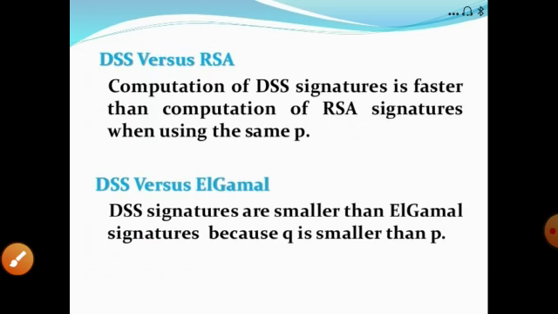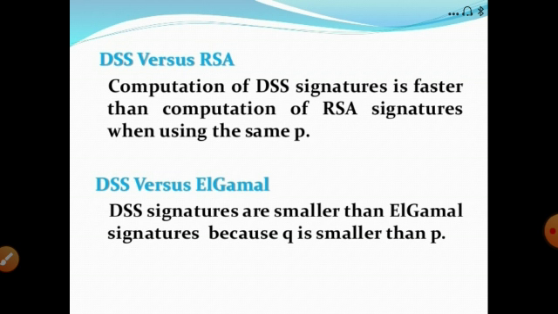Now we are comparing DSS versus RSA. The computation of the DSS signature is faster than the computation of the RSA signature when using the same p. If you use the same p in DSS and RSA, DSS is faster. Now DSS versus ElGamal.